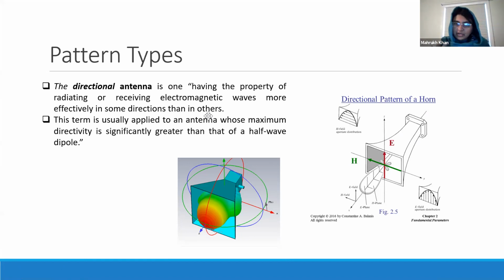So it's not omnidirectional, which sends energy in the plane in all directions, but it specifically targets a certain direction, right? That's called the directional pattern. Normally its directivity is greater than the omnidirectional pattern, but that's just the introduction.